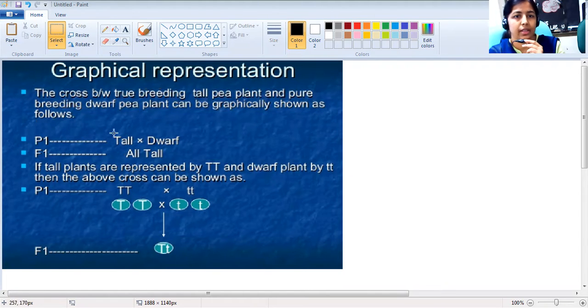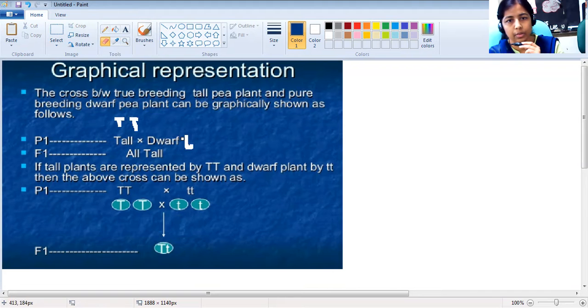So P1 is the tall one and this is the dwarf one. That means here the capital T, capital T, and this is the small t. So this is capital T and this one is also capital T, and this one is the small t.